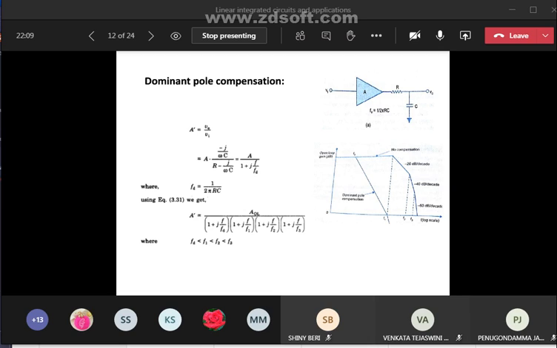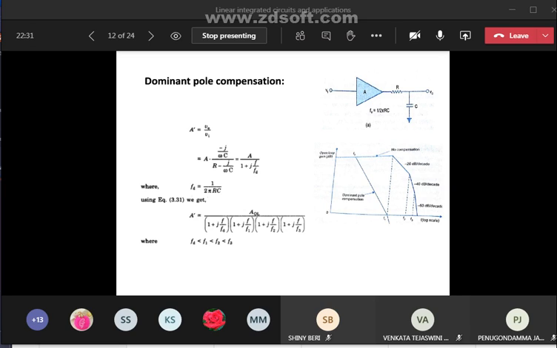So in the dominant pole compensation technique, see this circuit here. So we have R and C components. From this we can write the gain equal to V0 by Vi, right?